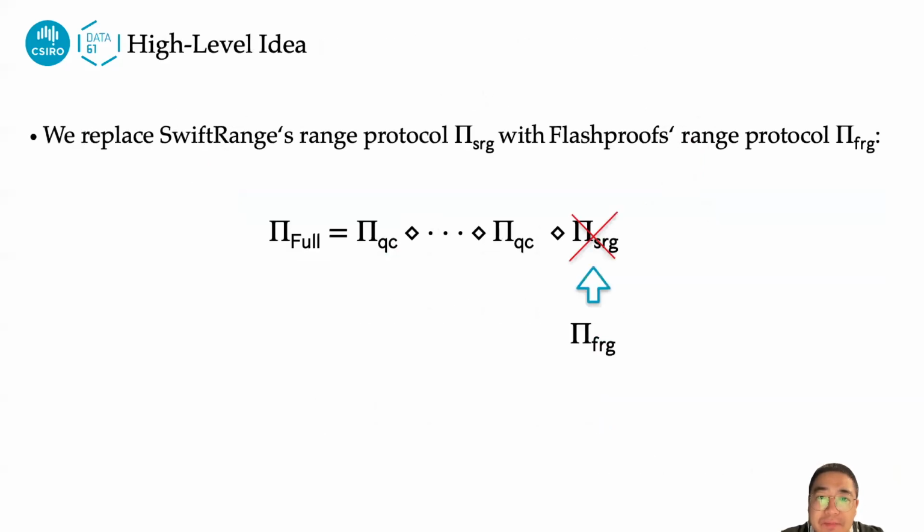Swift range is composed of a zero-knowledge range protocol, Pi SRG, and a series of compression protocols, Pi QC. The compression protocol can reduce the linear-sized range protocol to logarithmic size. Our high-level idea of integration is to try to replace Swift range protocol Pi SRG with Flash proofs range protocol Pi FRG.